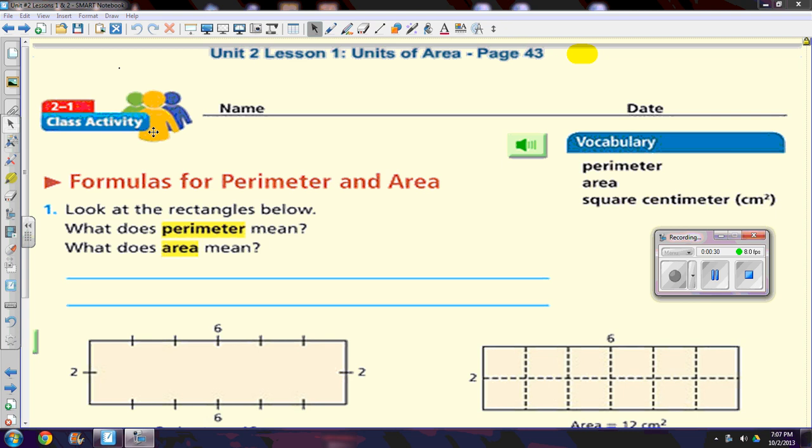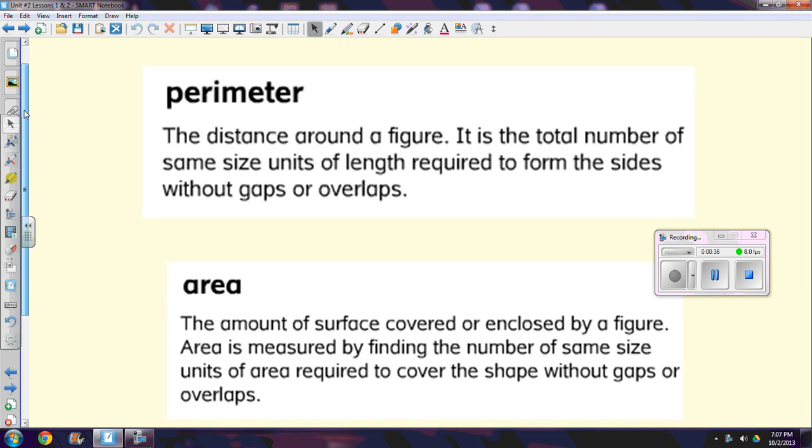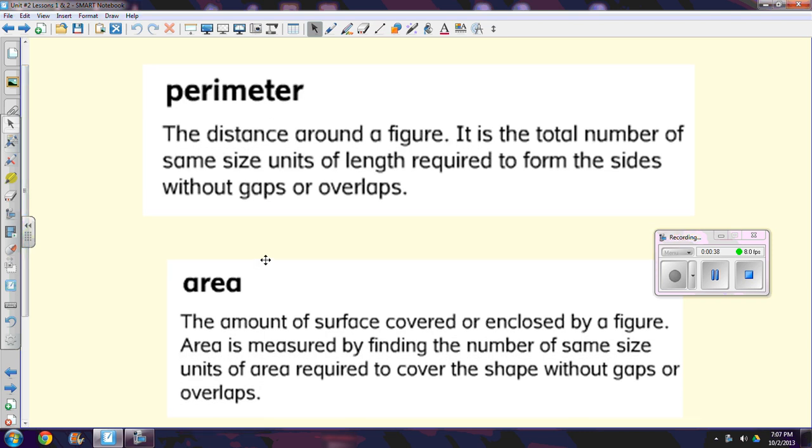So let's take a look at the definition of perimeter and the definition of area, and I would like you to copy this down in your notebook at this time. Perimeter, the distance around a figure. It is the total number of same size units of length required to form the sides without gaps or overlaps.